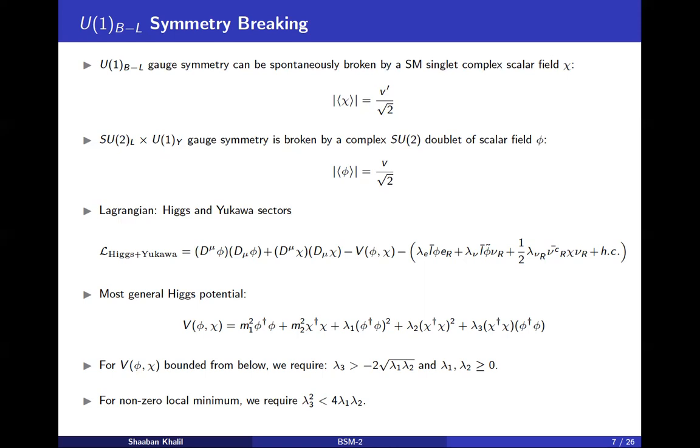Lambda 3 could be negative, then this combination could be negative even if you start with M1 squared positive. And then you break at this scale B minus L, and then electroweak once after breaking B minus L. So you don't need M1 squared negative, but this combination is still required to be negative.